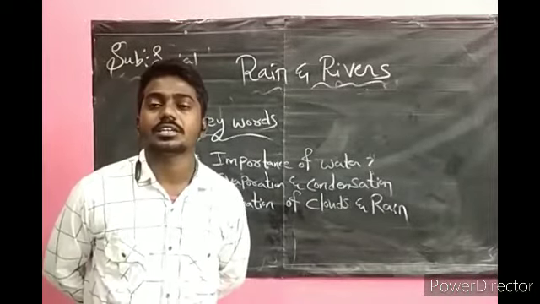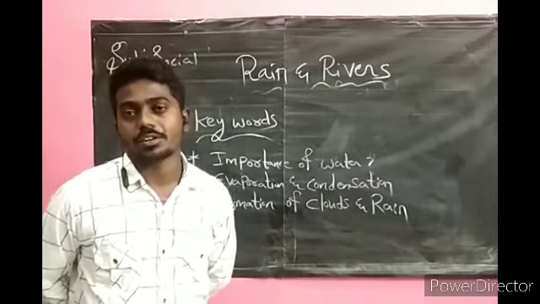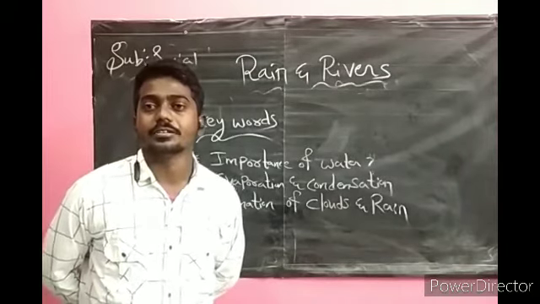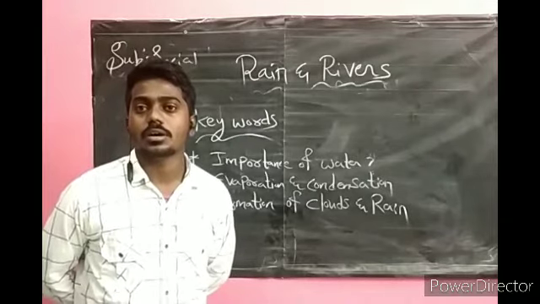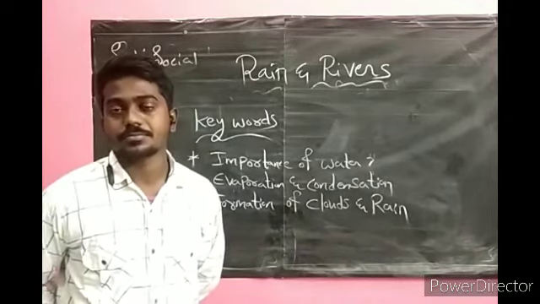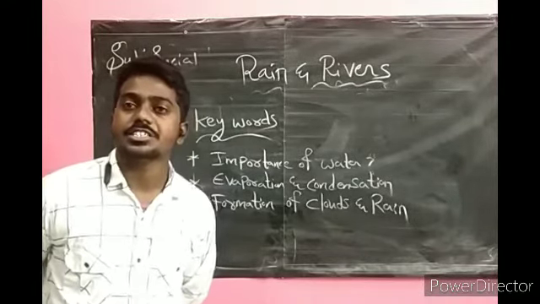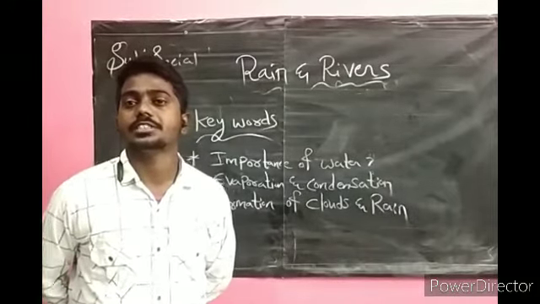First of all, water evaporates and changes into water vapor with the temperature. Again, when the water vapor rises, it becomes cool and changes into tiny droplets. And tiny droplets are combined with the dust and smoke which are present in the air, and the size of the droplets increased.